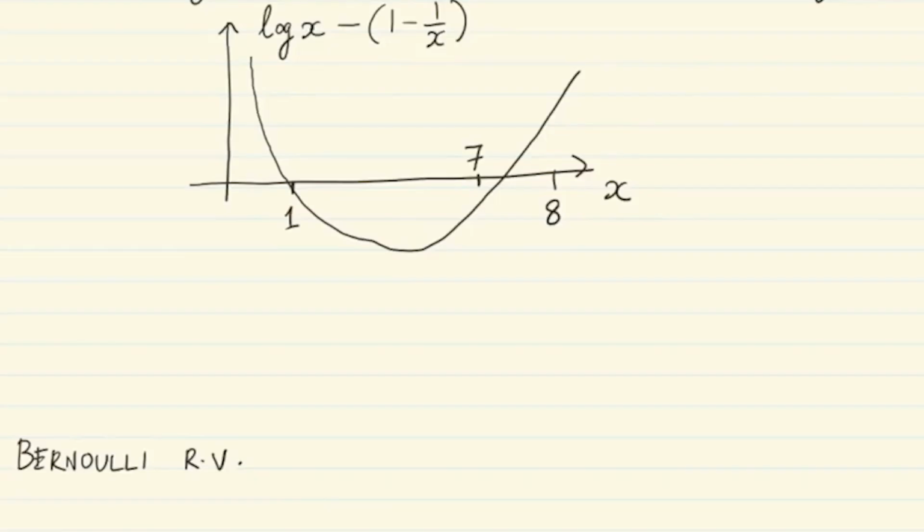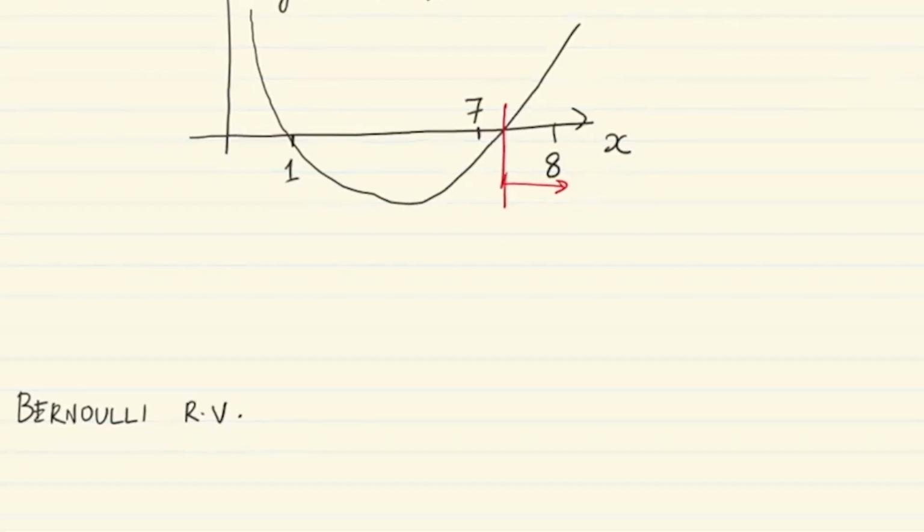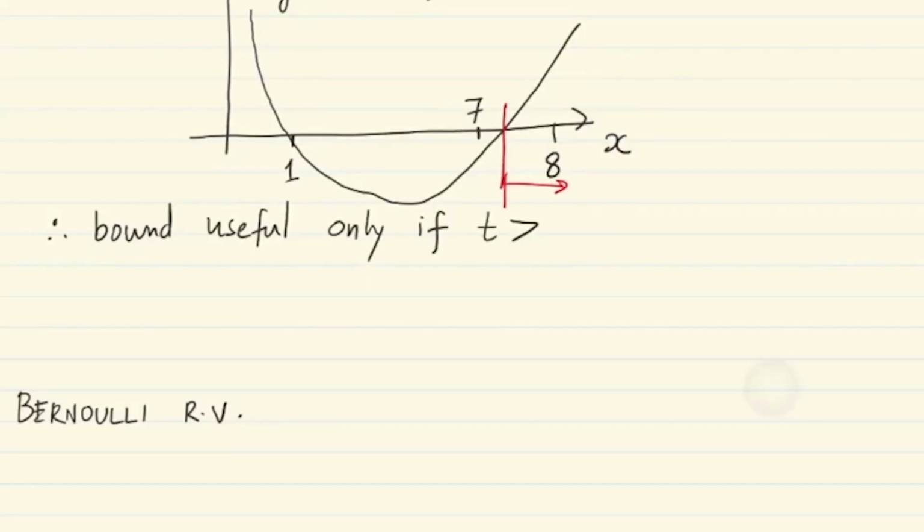And if we want this inequality to be useful, we can only live with x to the right of this point of intersection with the x axis. So this roughly means that the bound is useful only if t is larger than, let's say, some number called 7.2 something, some fraction times v. So when you have t exceeding this number, this bound starts giving you something non-trivial.